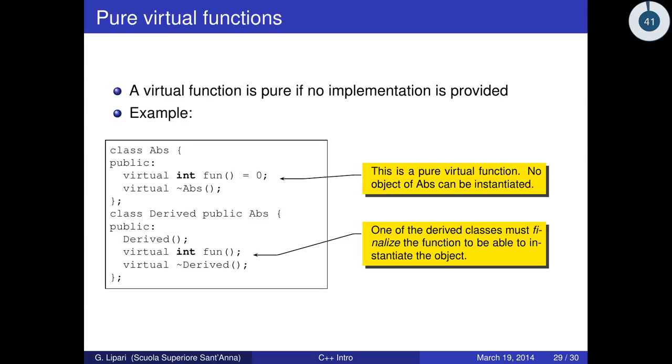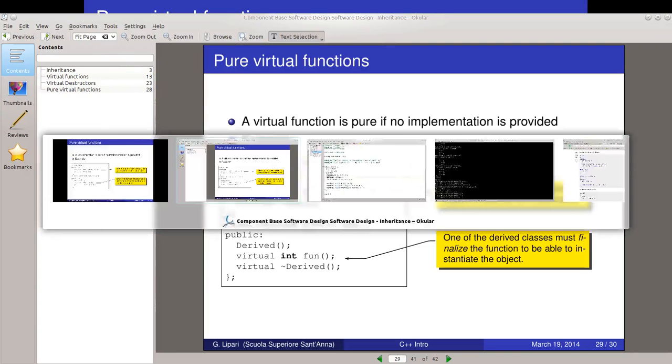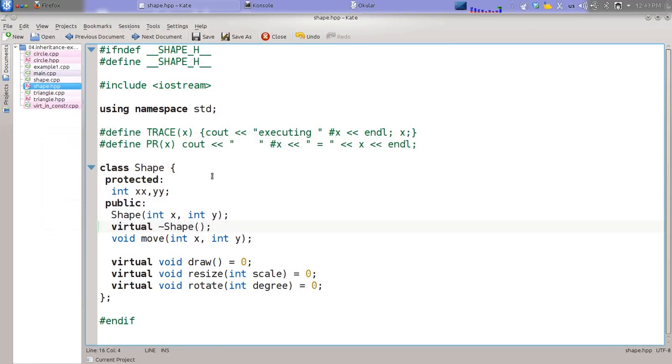In general you can define only one function to be abstract, and for the other ones you are going to provide an implementation. For example, in our shape example, for move I provide an implementation. For draw, resize, and rotate I did not provide any implementation. So shape is abstract.